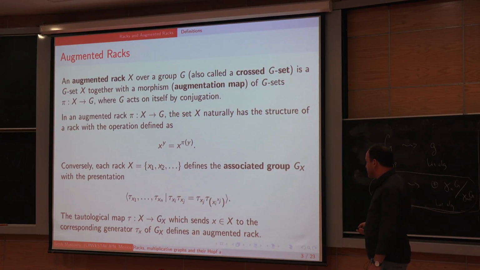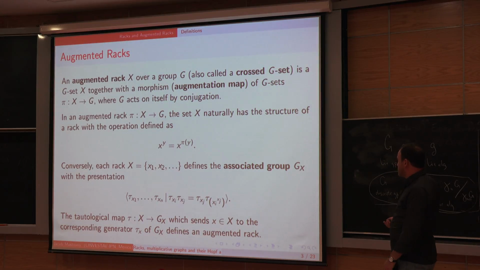So this is what we get. This G_X is what the rack X would look like if it were a group. So the associated group is just defined by a presentation.